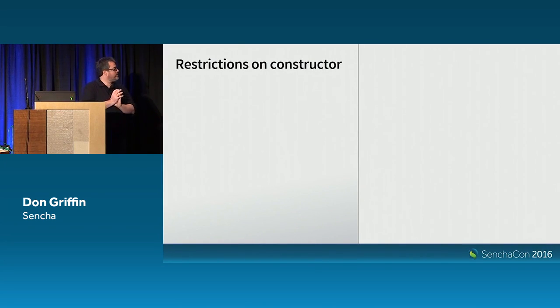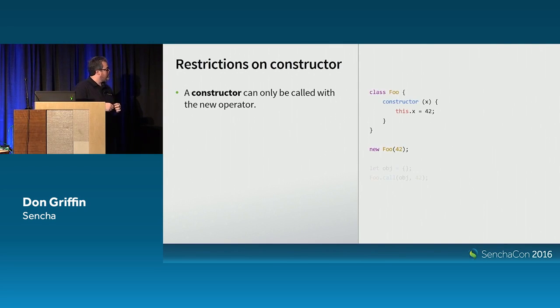So this leads to this mention about constructors. What's the big deal with them? The big deal is that in ES6 classes, constructors have some serious restrictions, and this is the big one. They can only be called with the operator new. So if you write a class like Foo here and say new Foo, it's great. It's going to call the constructor, assign that property, and on we go.